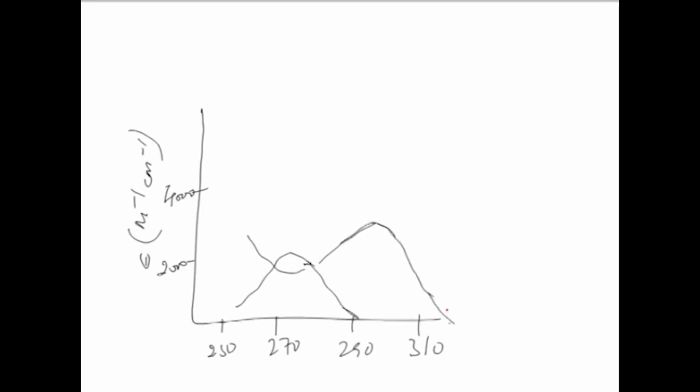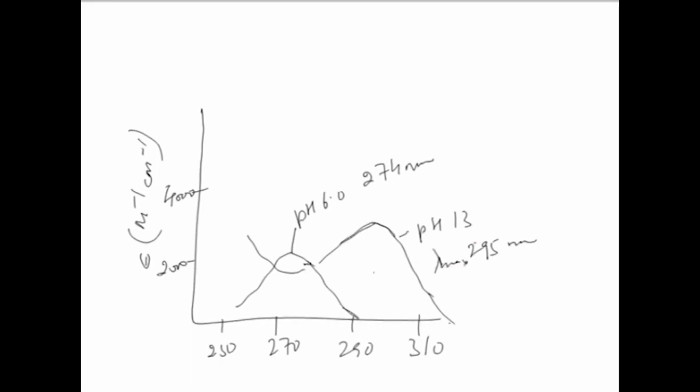You can see this is the absorption spectra of tyrosine. This is at pH 6 and this is at pH 13. Here the absorption maximum is around 274 nanometers and here the lambda max is around 295 nanometers, somewhere around that.